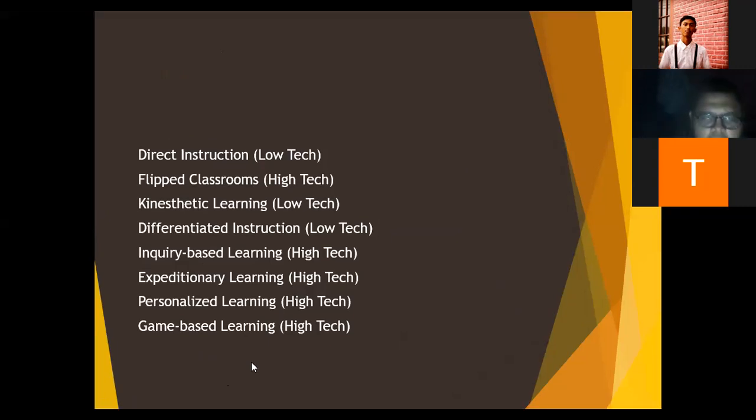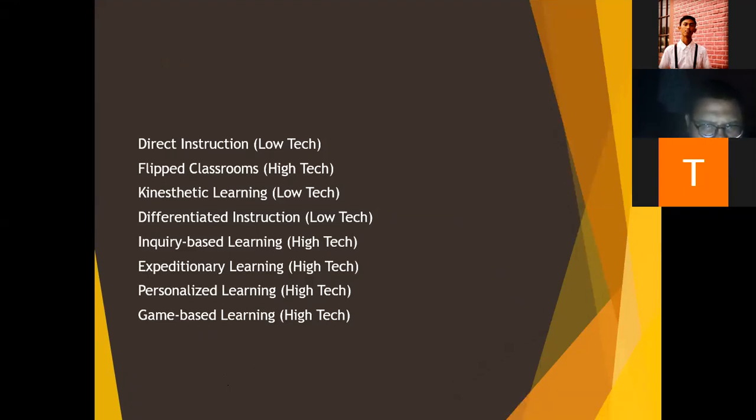These are the types of approach to learning and have their respective strengths, such as, for example, low tech and high tech. Low tech are direct instruction, kinesthetic learning, differentiated instruction.